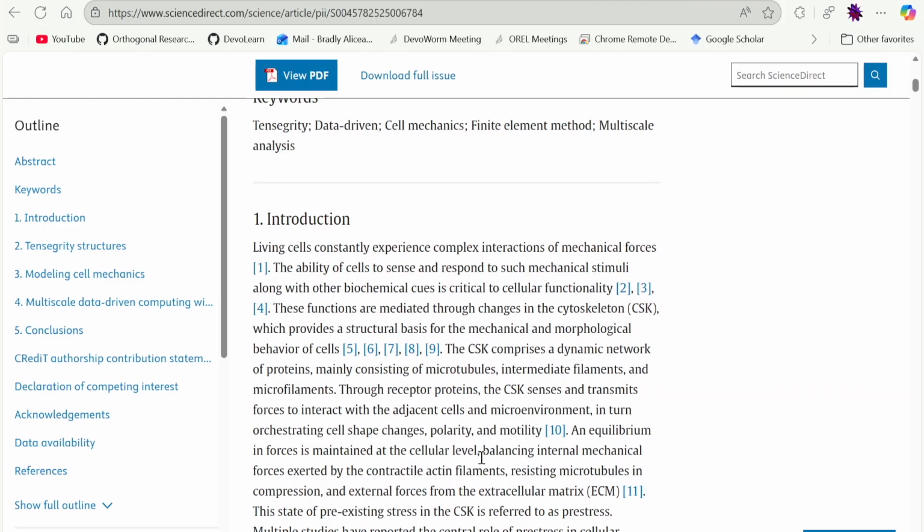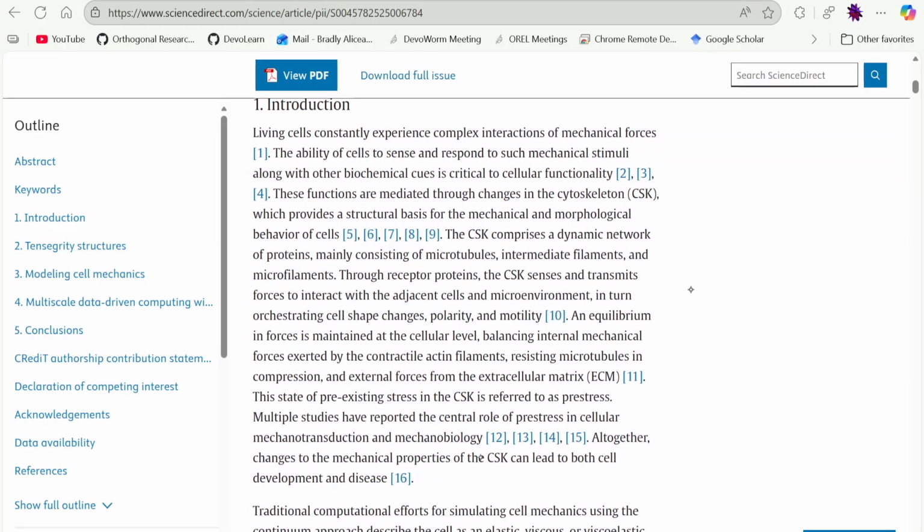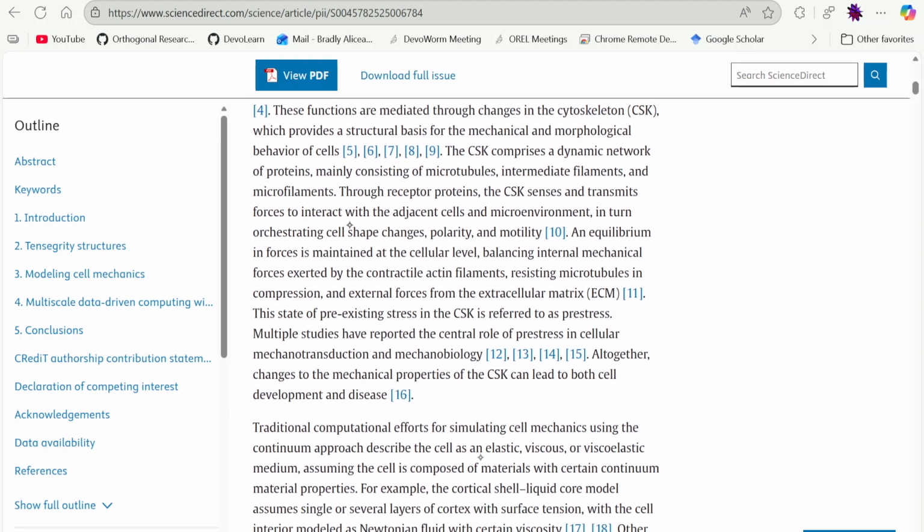So they talk about how the cytoskeleton senses and transmits forces to interact with the adjacent cells and microenvironment. This orchestrates cell shape changes, polarity, and motility.